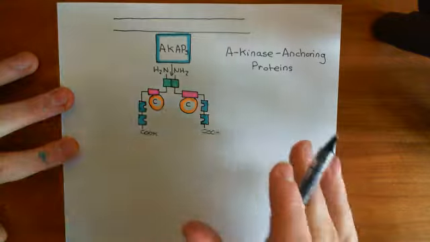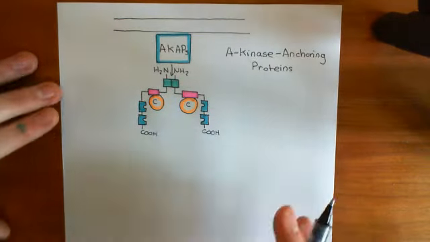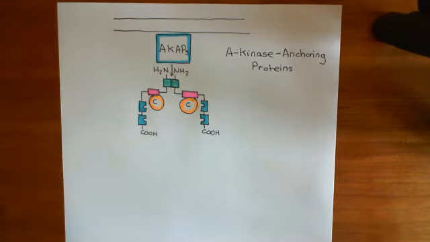Okay, right, so that's the function of A kinase anchoring proteins, and that's the significance of the difference between type 1 protein kinase A holoenzymes and the type 2 protein kinase A holoenzymes. Okay, so in the next video what we'll do is we'll turn our attention to the activation of protein kinase A holoenzymes, both type 1 and type 2, and then what they actually do once they have been activated.